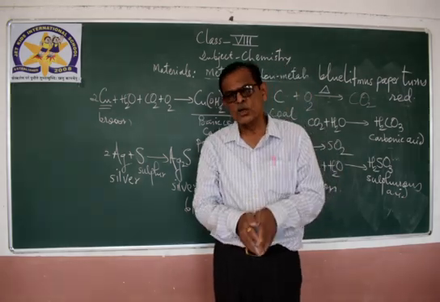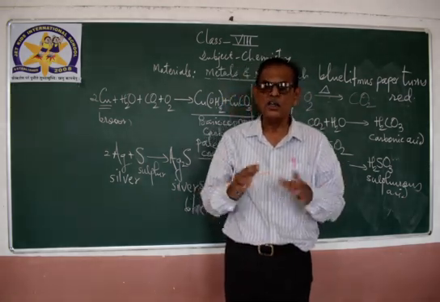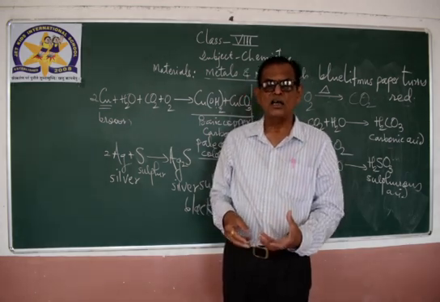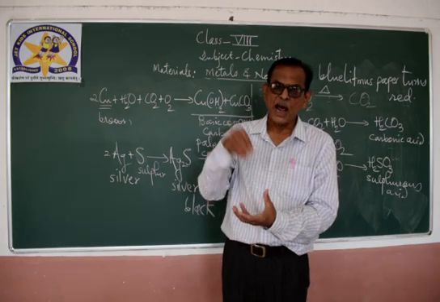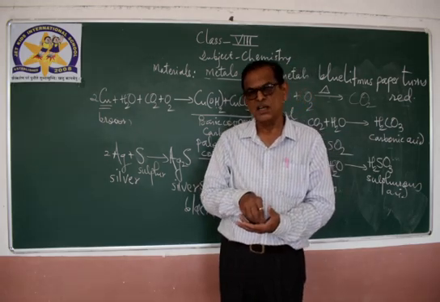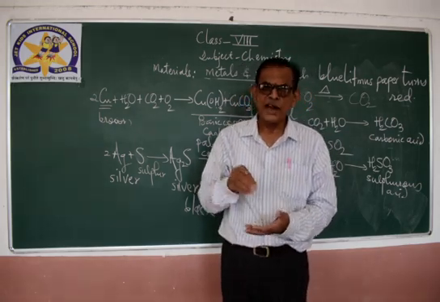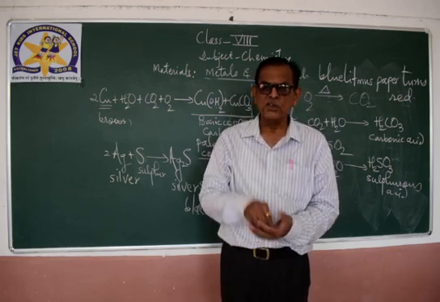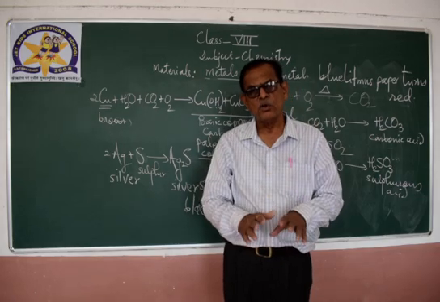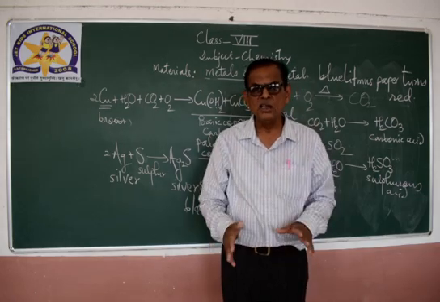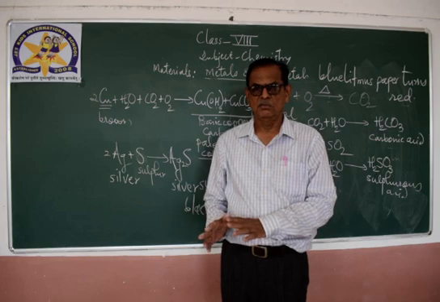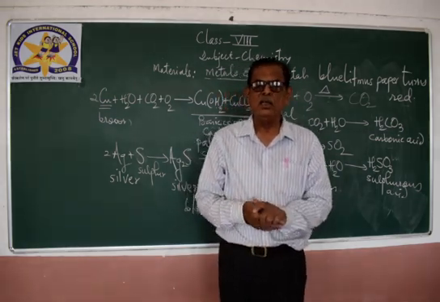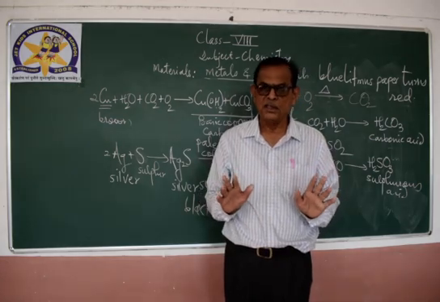They are not stored in water. We take the kerosene in the bottle, and then add the sodium or potassium metal, because sodium reacts with air and moisture, potassium reacts with air and moisture, and therefore these metals are stored in kerosene.